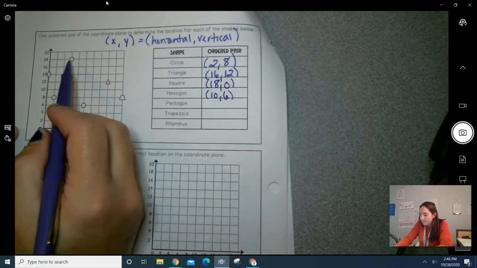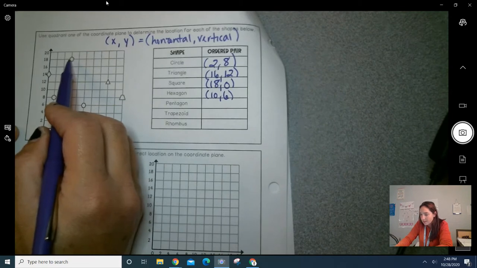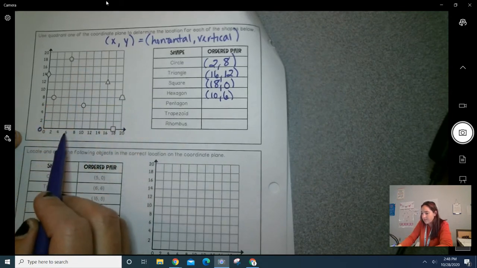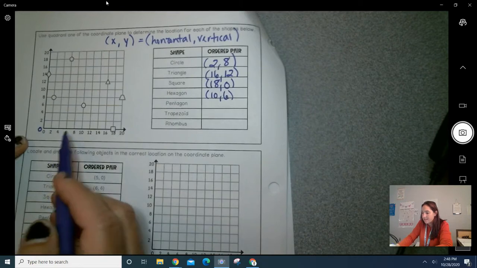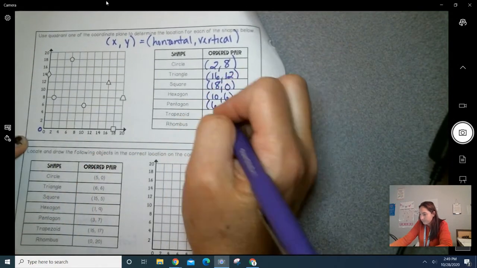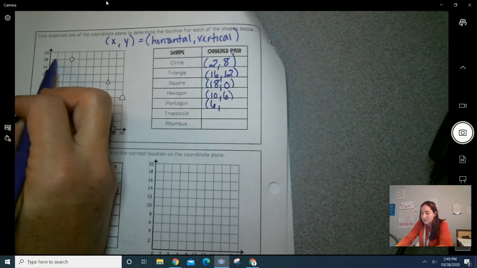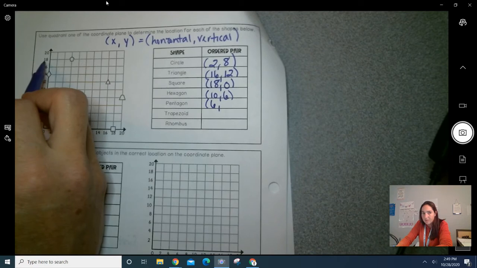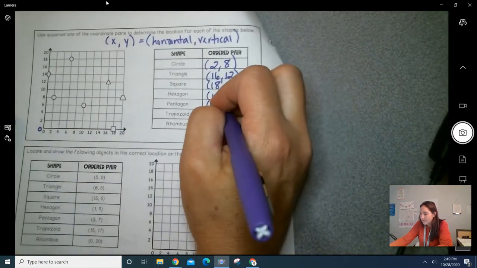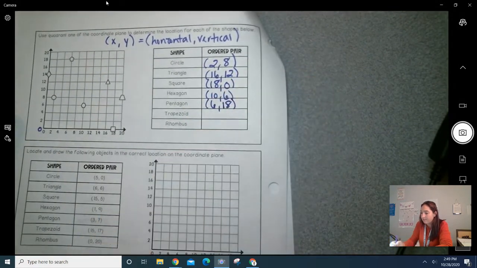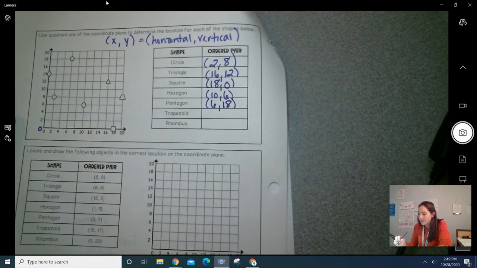The pentagon for the horizontal axis, if we follow it all the way down, we end up at 6. And vertically, if we follow it, we end up at 18 on the vertical axis. So it's 6, 18. I'll let you guys try the next two.